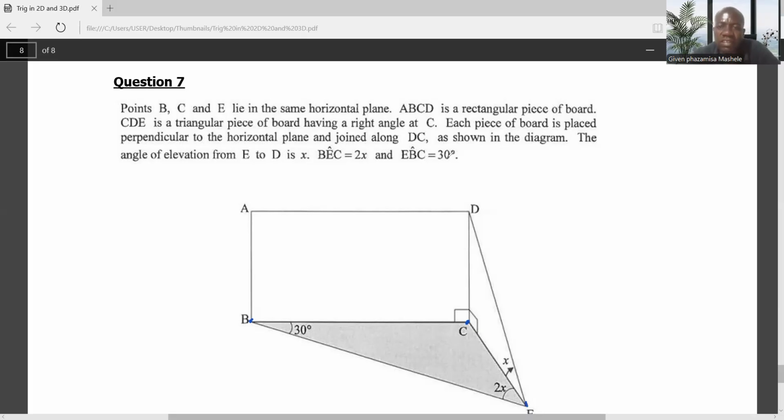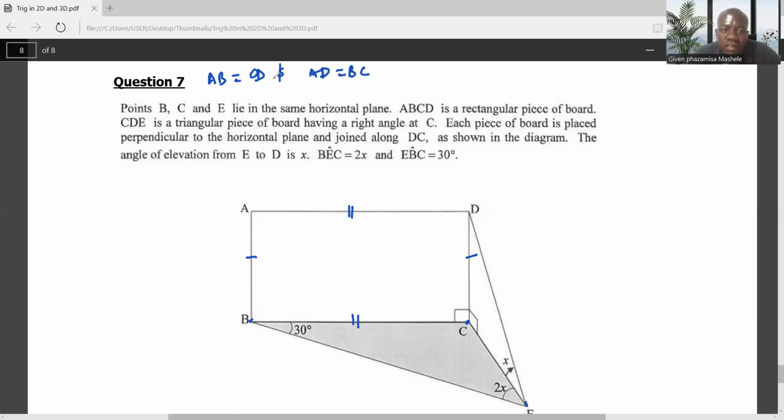A, B, C, D is a rectangular piece of board. We know rectangular means two opposite sides are equal and also parallel. It's a rectangle. So already we know that AB is the same as CD and AD is the same as BC.